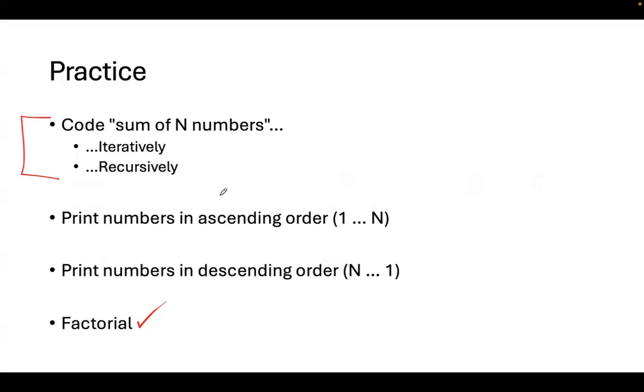Okay, so turn to your neighbors. I can pull up factorial again if you need it. But yeah, take a few minutes and write both of those functions. Go for it.